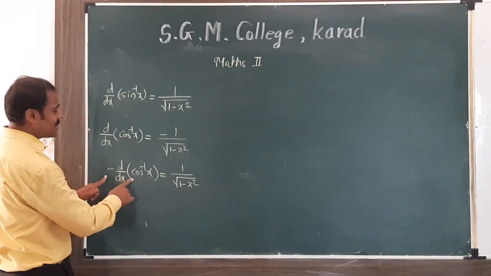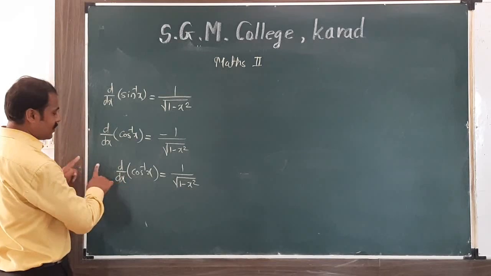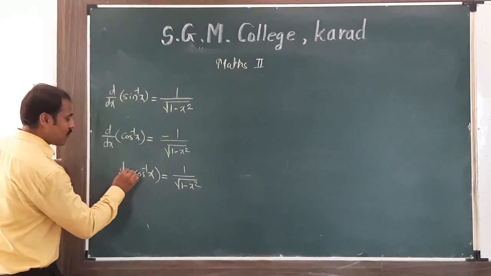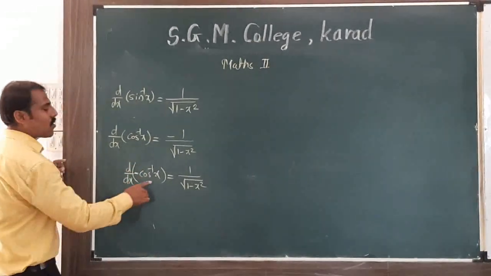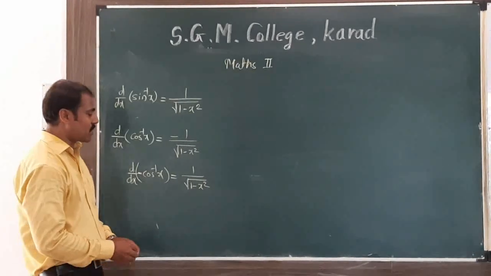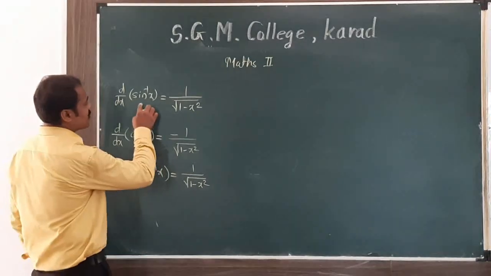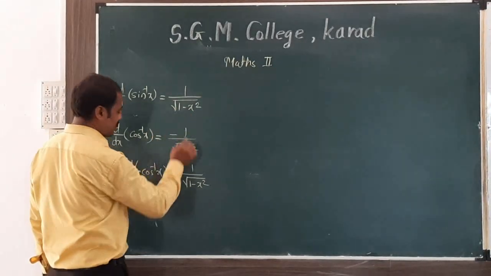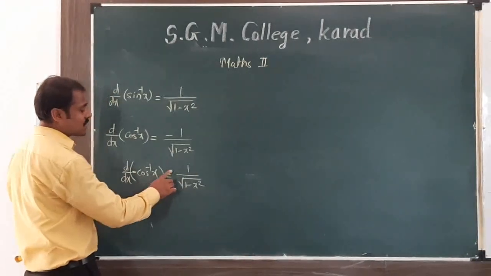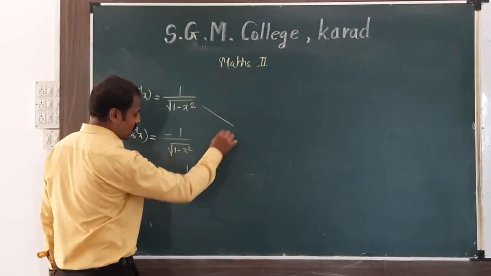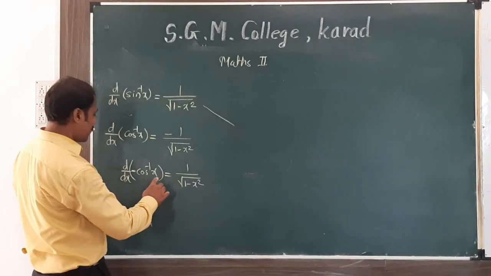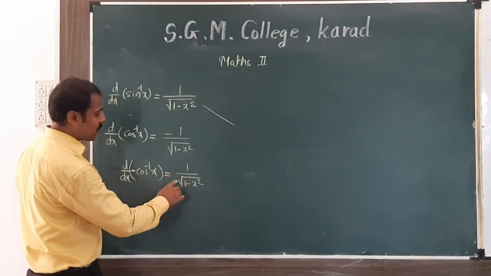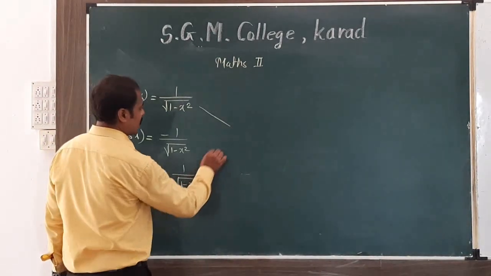Taking the minus sign inside the d/dx symbol, d/dx of minus cos inverse x is equal to 1 upon root of 1 minus x square. Here derivative of sin inverse x is 1 upon root of 1 minus x square, and derivative of minus cos inverse x is 1 upon root of 1 minus x square.